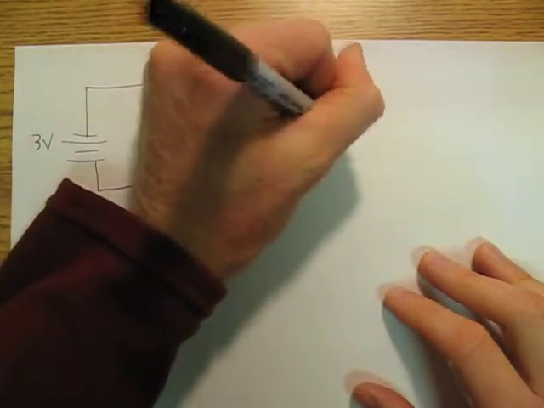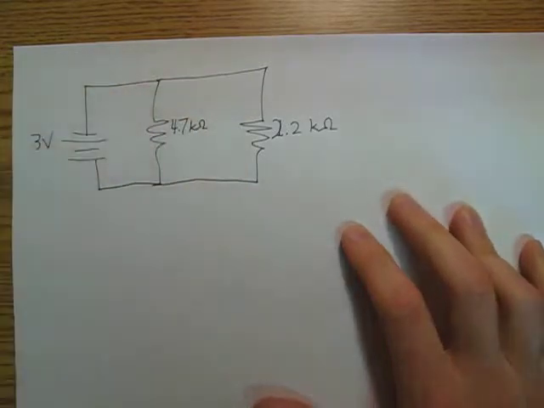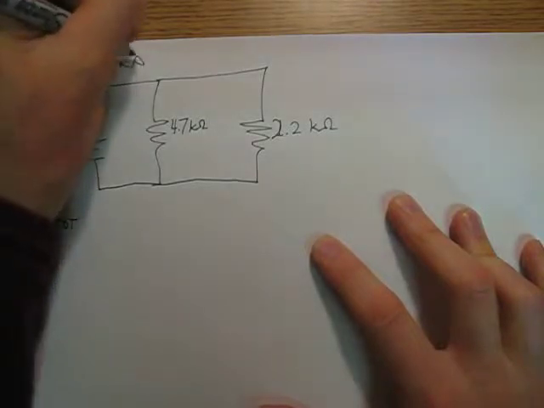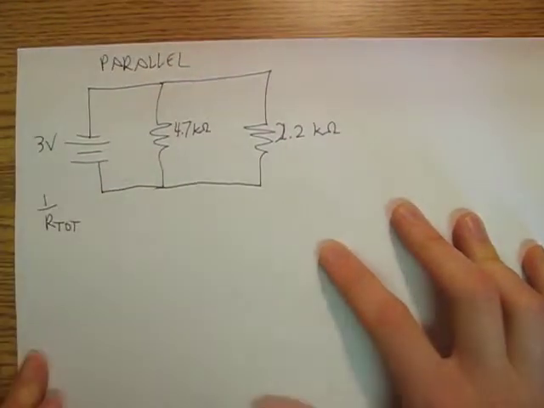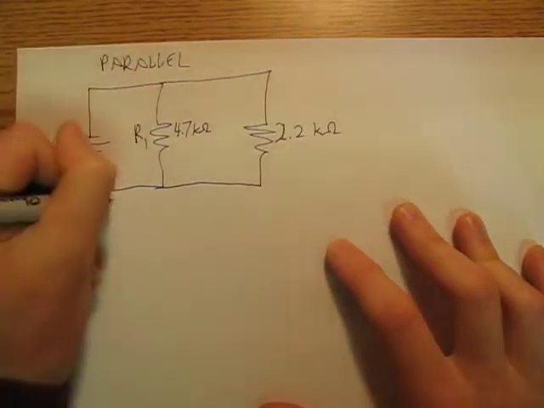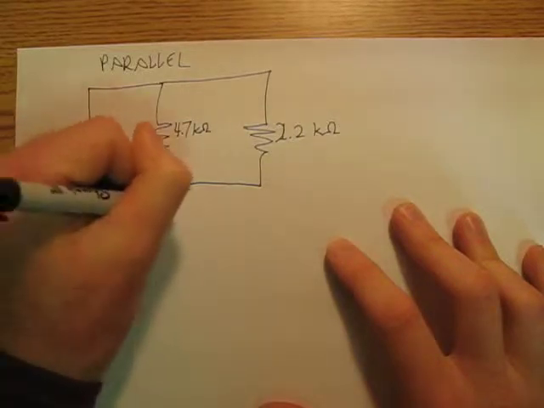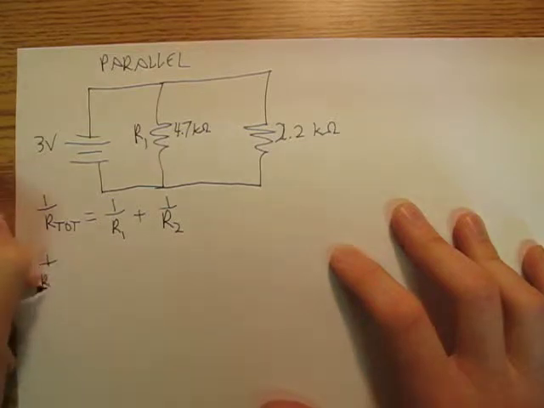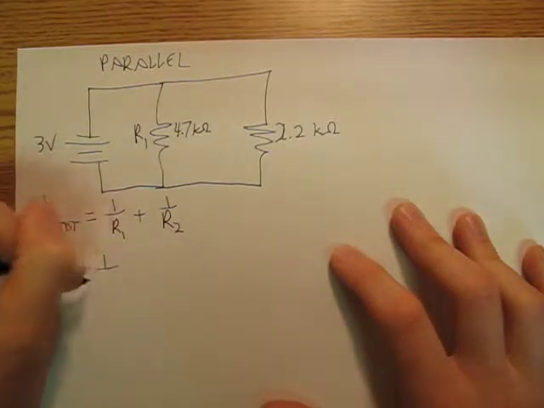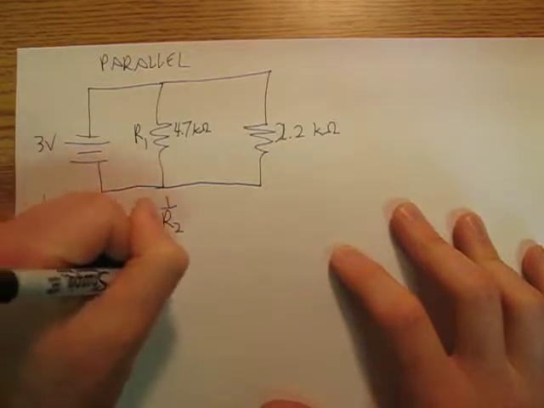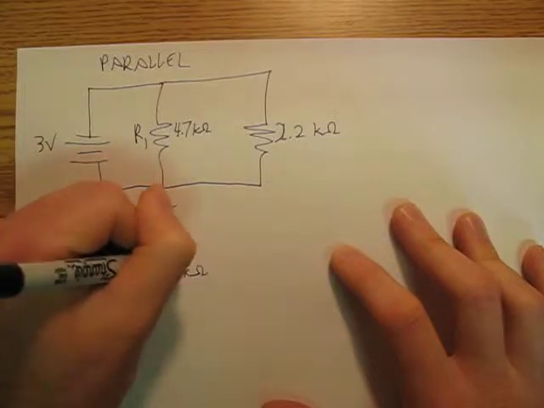2.2 kilo ohms. Now we're going to say my R1 over R total. We're in parallel now. 1 over R total is going to be 1 over R1 plus 1 over R2. So 1 over R total is going to be 1 over 4.7 kilo ohms plus 1 over 2.2 kilo ohms.